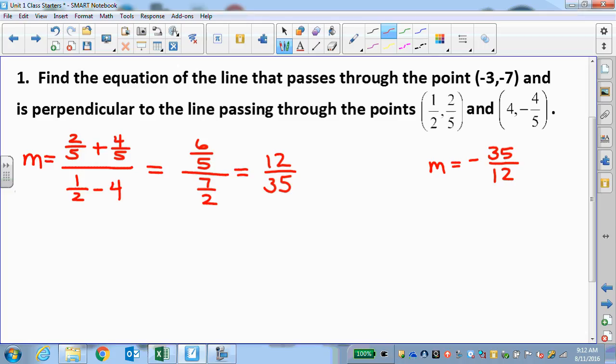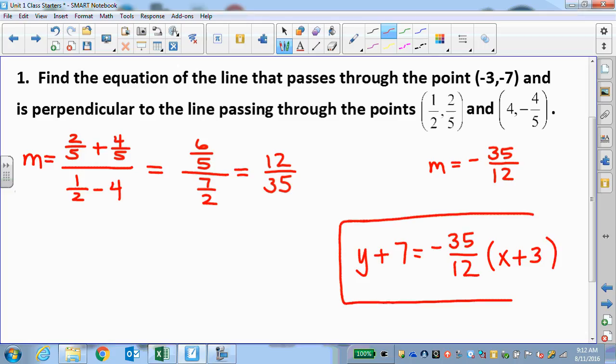So when we want to write the equation of a line, we can use point-slope form, which will just be y minus -7 equals -35 over 12 times x minus -3. And thank goodness it didn't tell us to put it in slope-intercept form, because we can just leave it right here in point-slope form. Everybody good on number one?